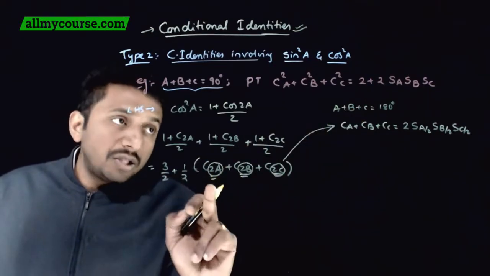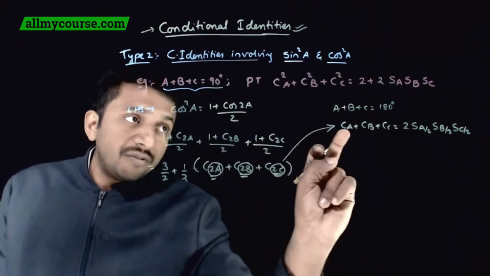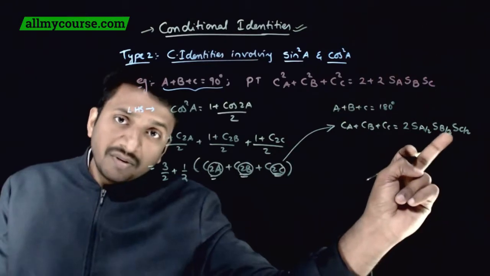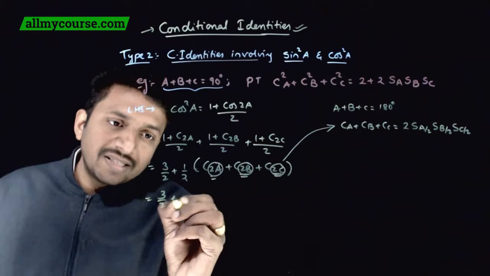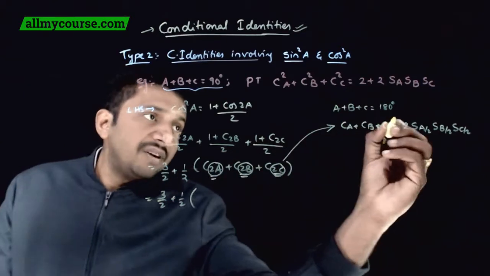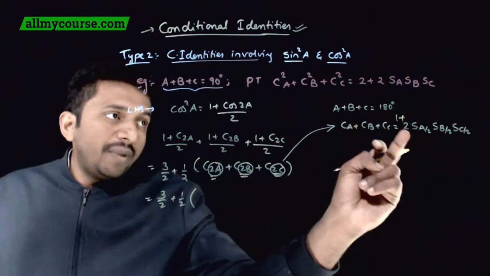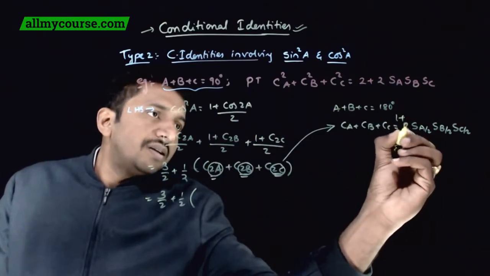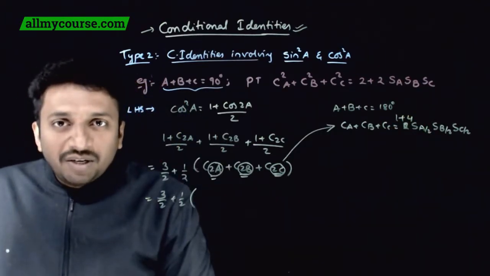This implies cos 2a plus cos 2b plus cos 2c is equal to 1 plus 4 sine of 2a by 2, sine 2b by 2, sine 2c by 2. Sorry, I had derived this as 1 plus this, so I had it wrong earlier.